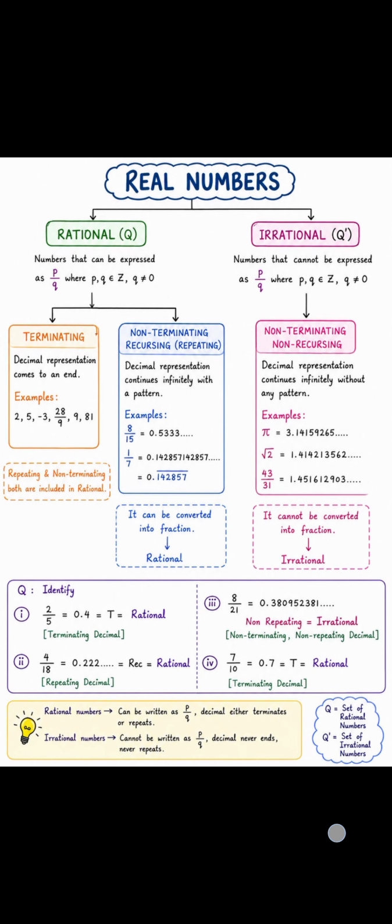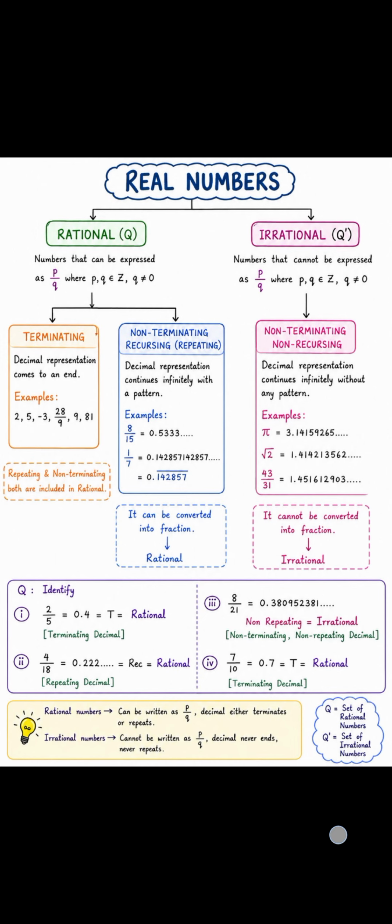Now we know that 3 is repeating again and again. Because 3 is repeating again and again, this is called a non-terminating decimal, and it is a repeating number. So this is a repeating or recurring non-terminating decimal.